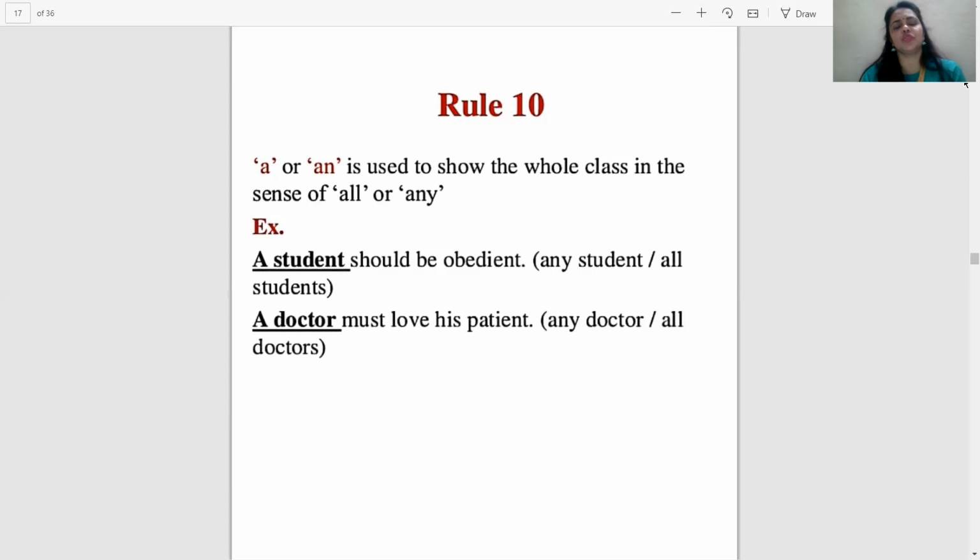There should be a quality of a student to be obedient. Now it could be one student or all the students. A doctor must love his patients, or maybe a doctor must love his profession. Then only he or she can treat his or her patients well. Now here I may refer to one doctor or I may refer to the complete fraternity or the complete class of doctors.